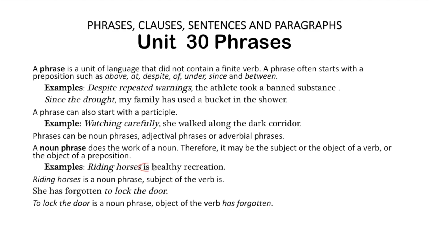So is our verb, and this is our noun phrase. In the next one, she has forgotten to lock the door. To lock the door is our noun phrase, and it is the object of the verb has forgotten. So you can see that it could be either before or after the verb. Let's have a look at the next slide.